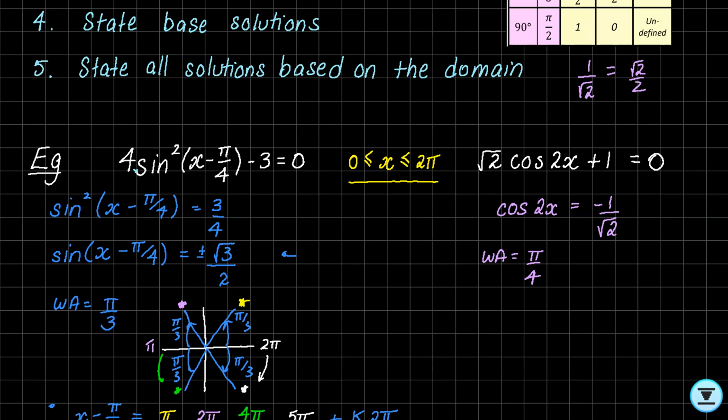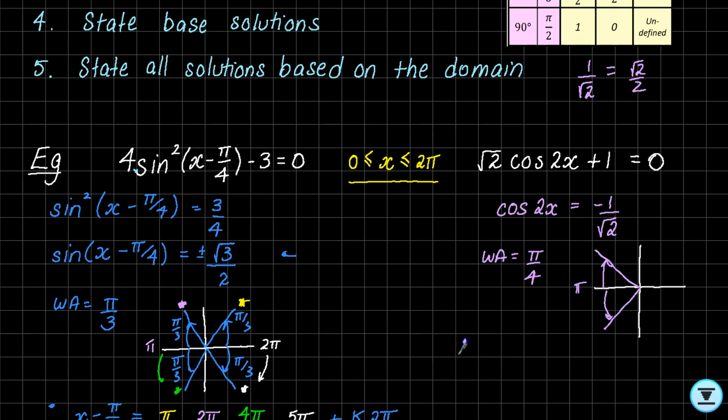We have to do our quadrants, and we're looking at when is cosine negative. So your cosine, remember, is your x-axis, so it's going to be negative this side and this side. So we've got pi on 4 and pi on 4 here.